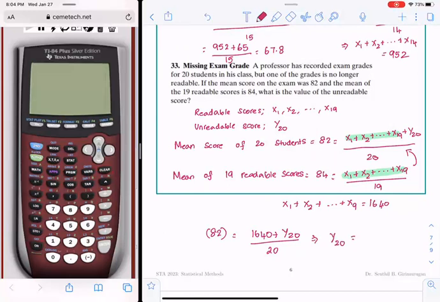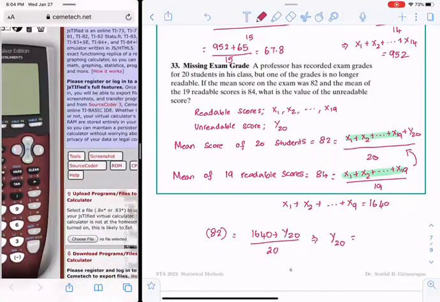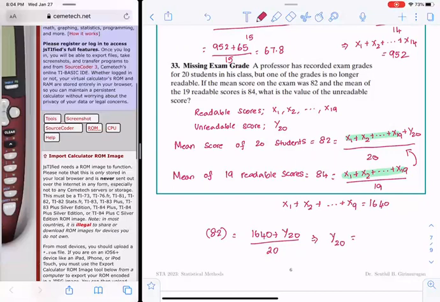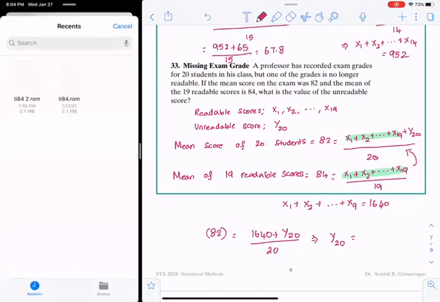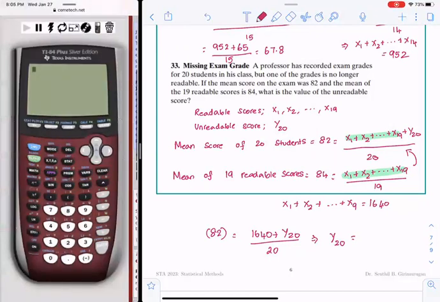Oops. Times 20. Oh, 84 times 19 is 1596. I'm sorry. That's odd. 1596. I forgot to subtract.